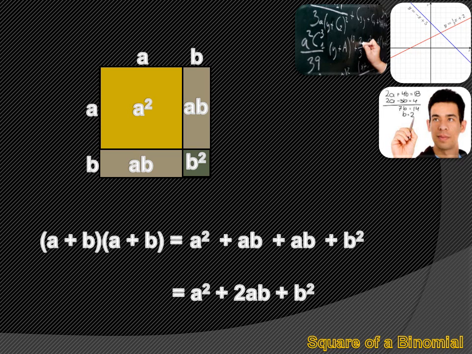And that's what all square of binomials is going to look like. If I'm multiplying a plus b times a plus b, my results are going to be a squared plus 2ab plus b squared. That's a really helpful bit of information.